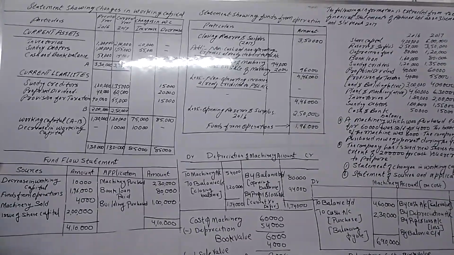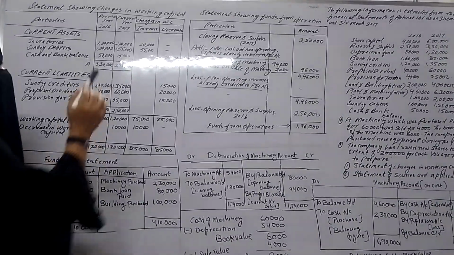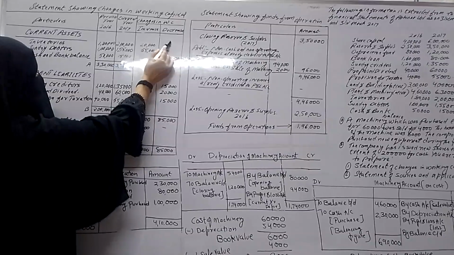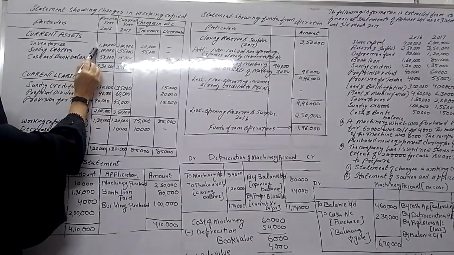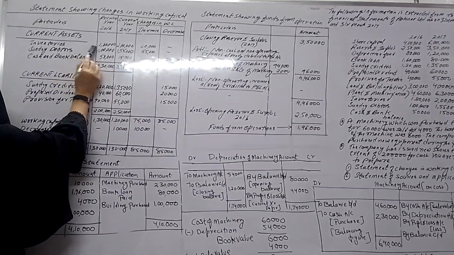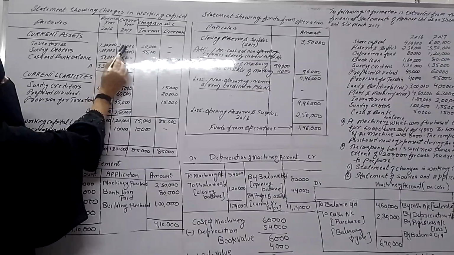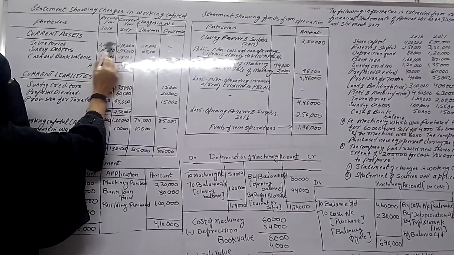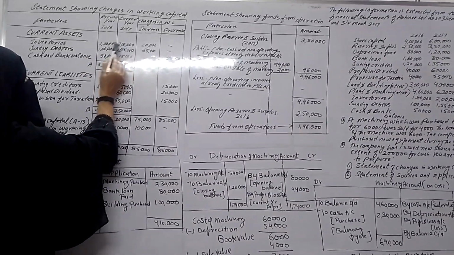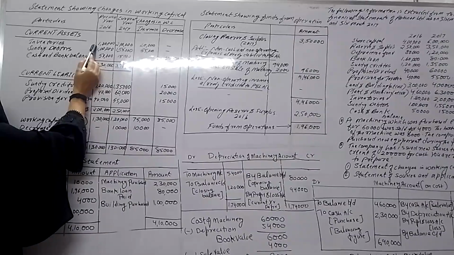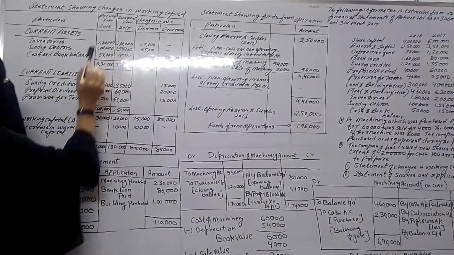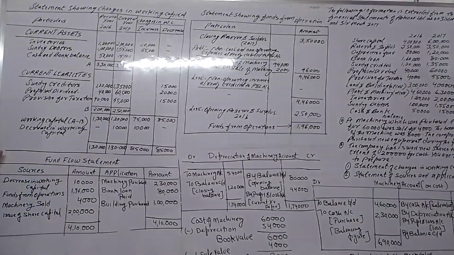Now we have to take the change, increase or decrease. Now 2016 our inventories are 1,80,000. In 2017 our inventories are 2 lakh. So comparing to 2016, in 2017 the value of inventory is increased.